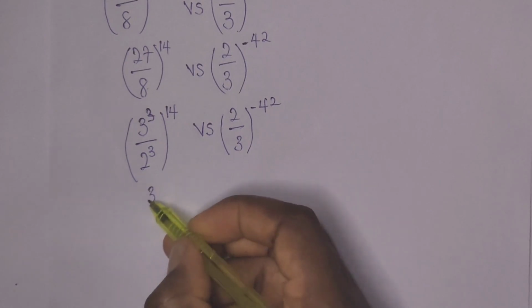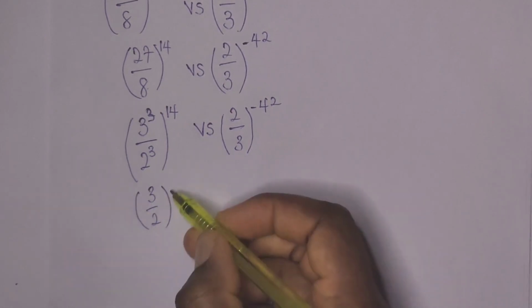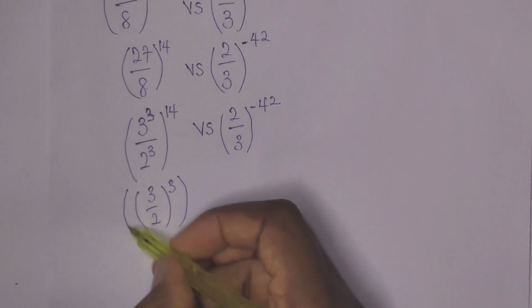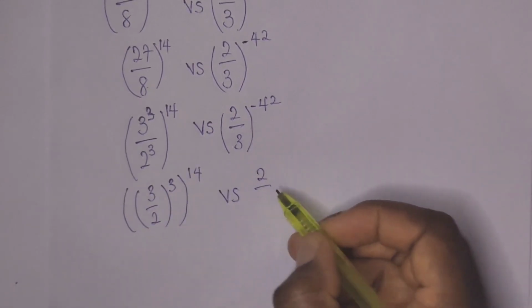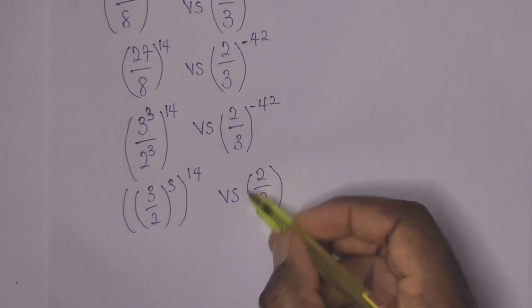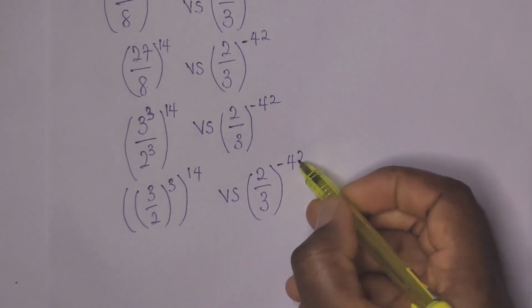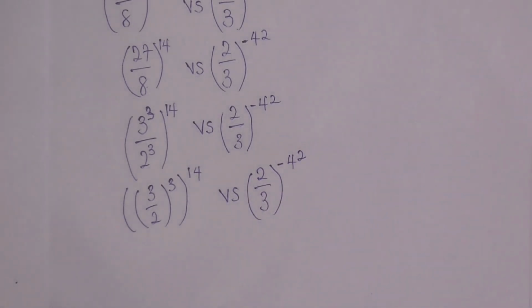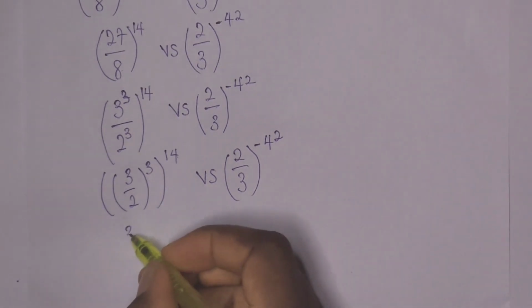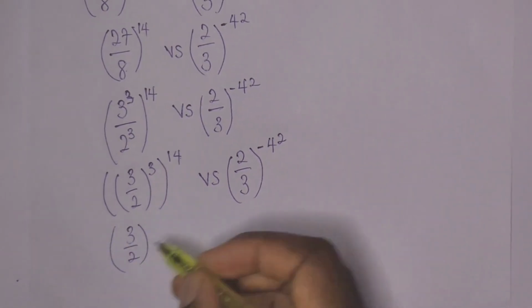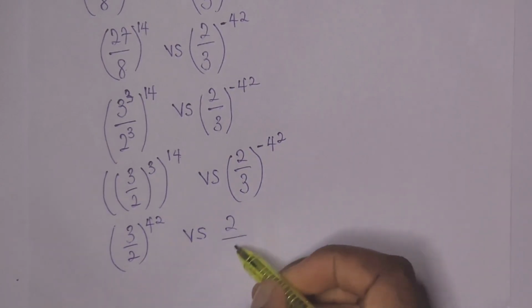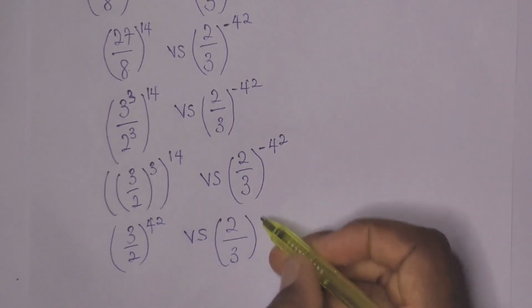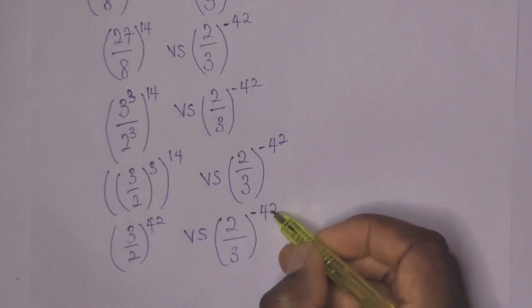So this will give us ((3/2)^3)^14, and we have (2/3)^(-42). So we'll be multiplying this. We have (3/2)^42, and we have (2/3)^(-42).